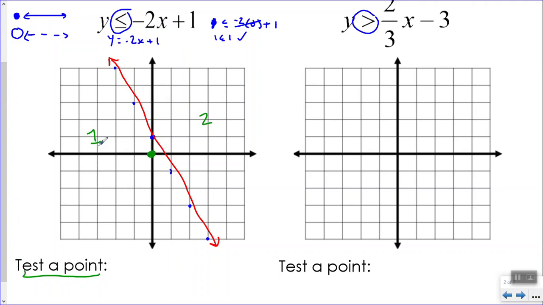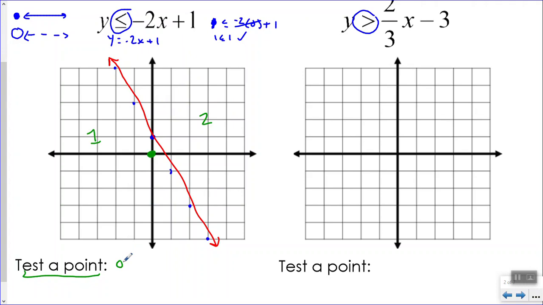And if we look at our graph, we see that the origin is in what I've labeled to be region 1. This means that if I plug in 0, 0 to my inequality and I get a true statement, all the other points in the same region as the origin are also solutions, and we would shade that part of the graph to show that we want to include them. If it turns out that I plug in the origin and I get a false statement, that means that the origin and all the points on this side are not part of my solution set, and that my solutions sit on the other side of the graph.